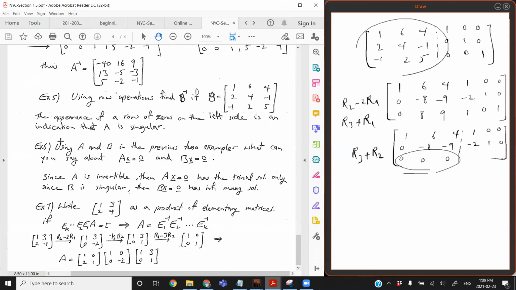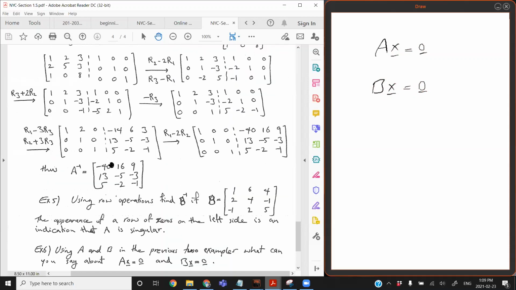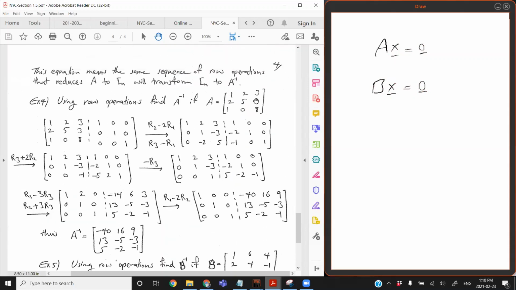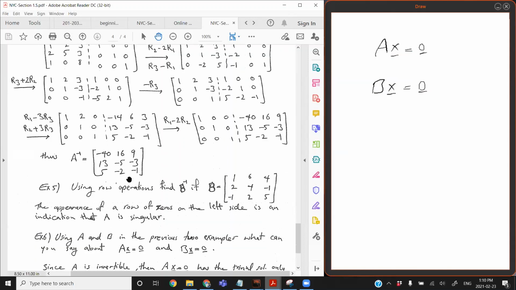Example 6. Using A and B in the previous two examples, what can you say about the homogeneous linear system AX equals 0 and the homogeneous linear system BX equals 0? So this is A, and we were able to find the inverse of A. So A is invertible.